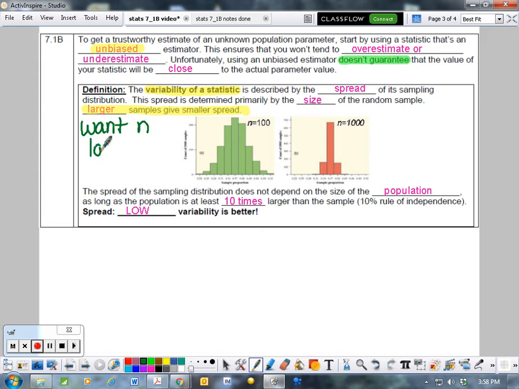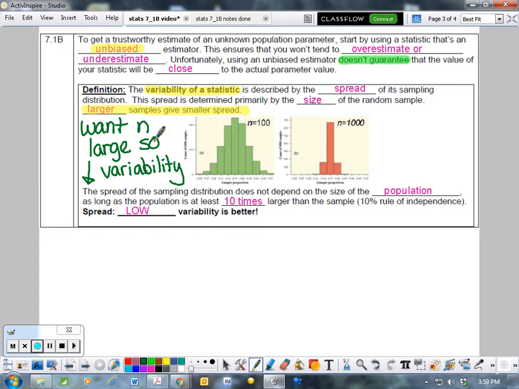We want n large, because that decreases our variability. If we get to choose, we want more in our sample rather than less. Smaller samples are easier to calculate, easier to gather, and less expensive, but then we have higher variability and more issues with that. So we typically want n large so that it decreases our variability.